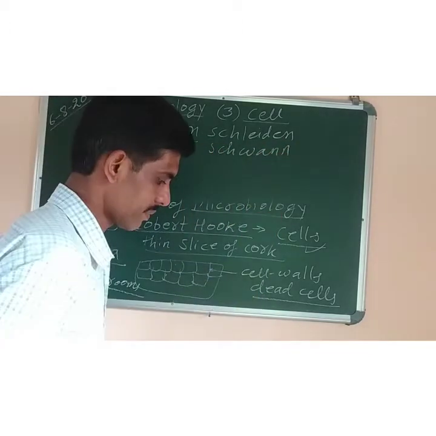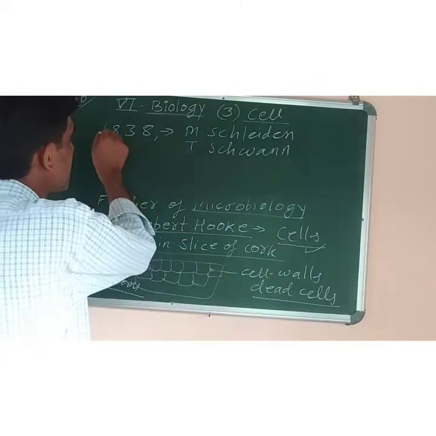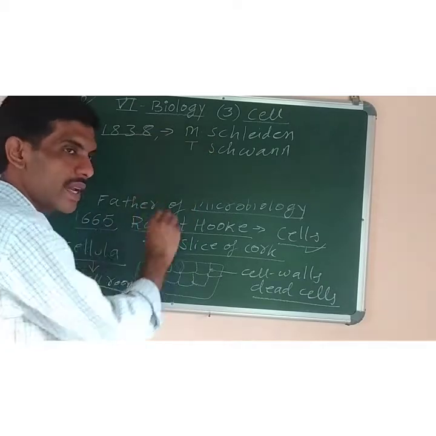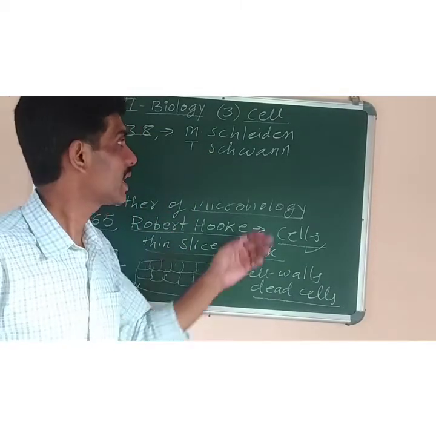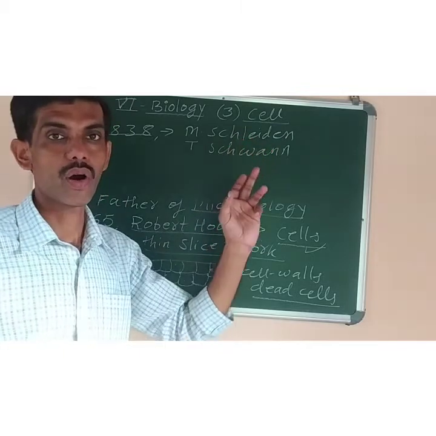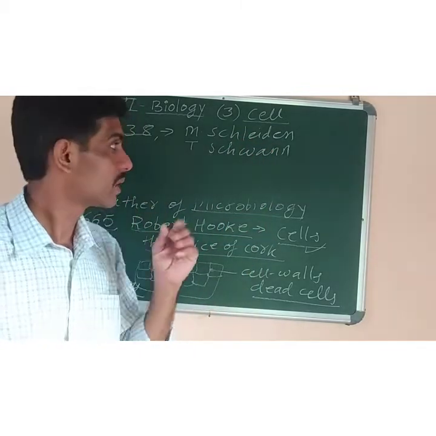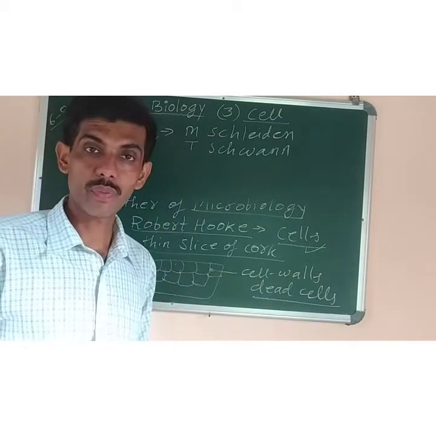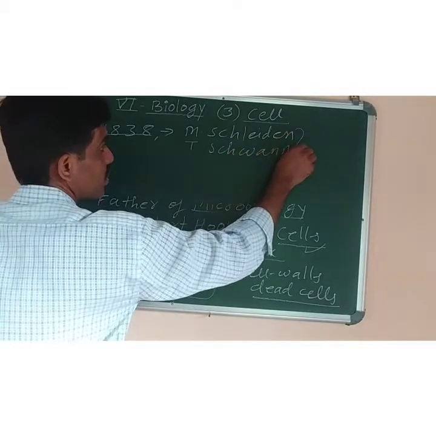Both the scientists, this one in 1838 and that one in 1839, gave some idea about the cell. One said that all plants are made up of cells. The other said the same for animals, because one was a botanist and the other was a zoologist.